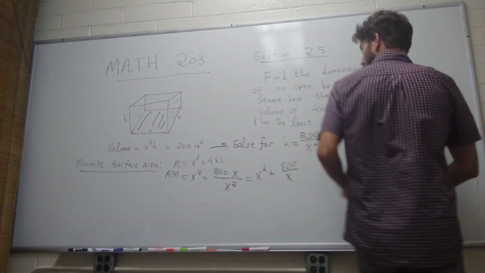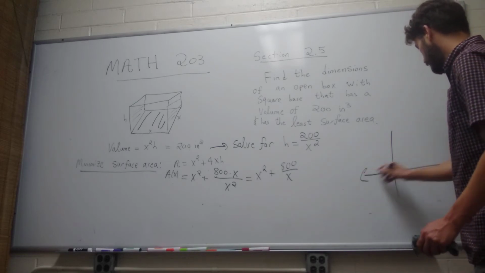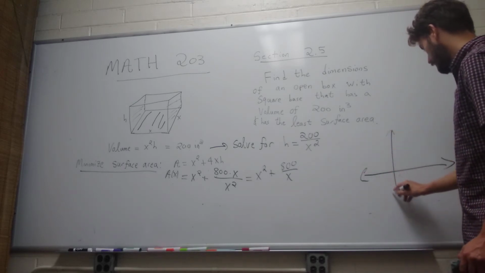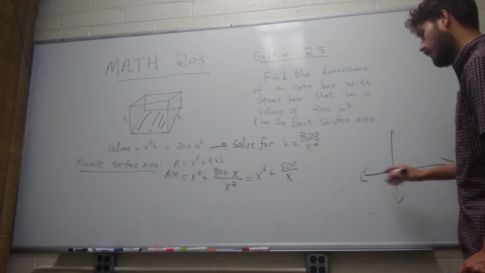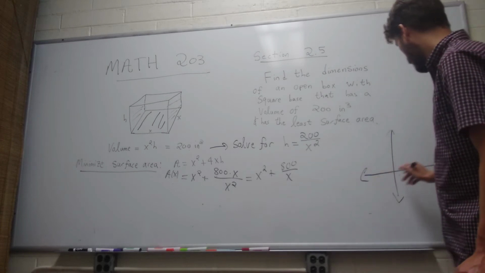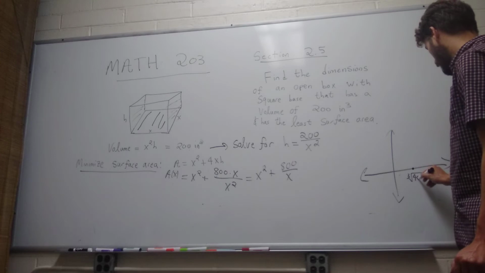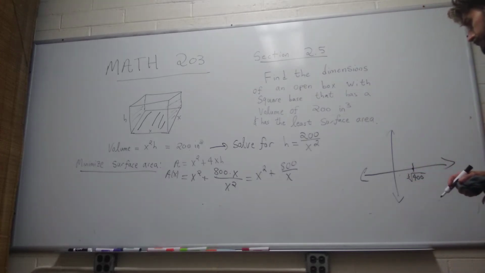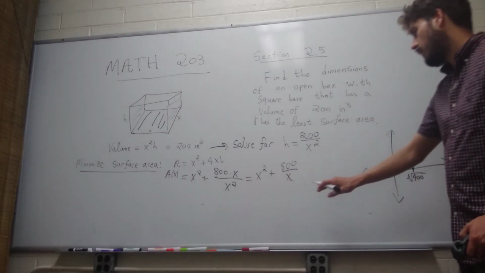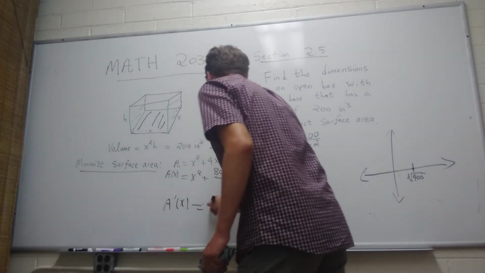So now we're at this stage. Cube root of 400. What happens to the left?